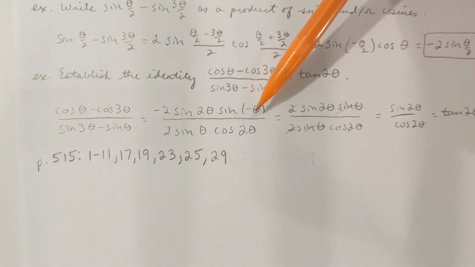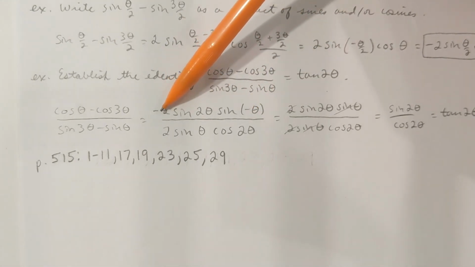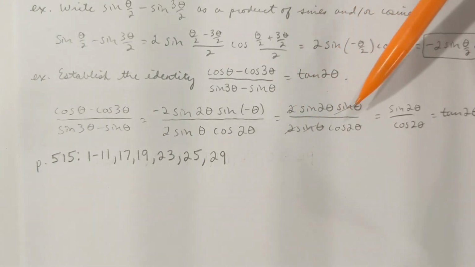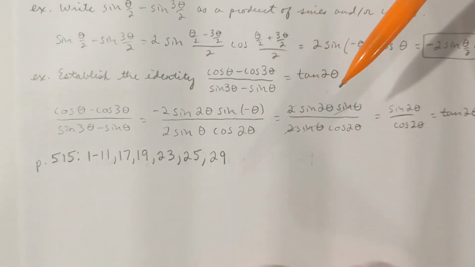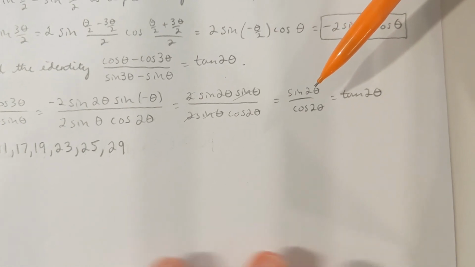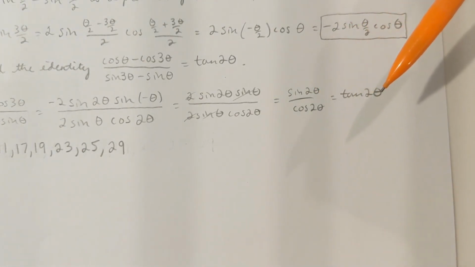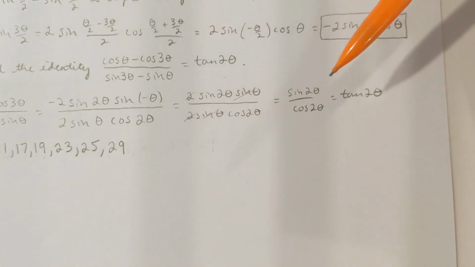Sine of negative theta is the same as negative sine of theta. Negative times negative is positive. So that allows me to cancel the 2's and then the sine theta terms. Now I'm looking at sine 2 theta over cosine 2 theta. That would be tangent of 2 theta, which is what I had to get to on the right side.